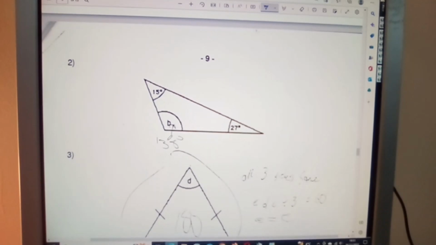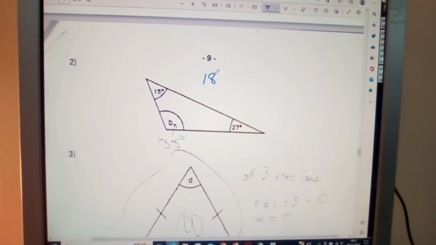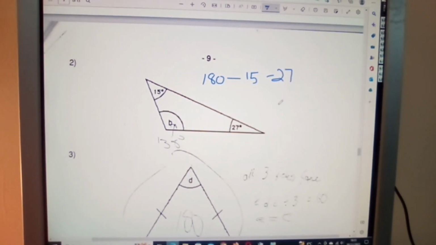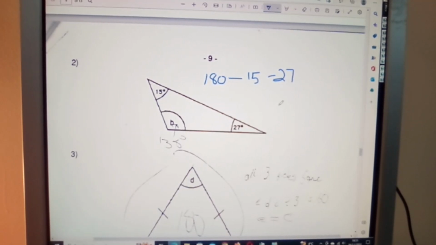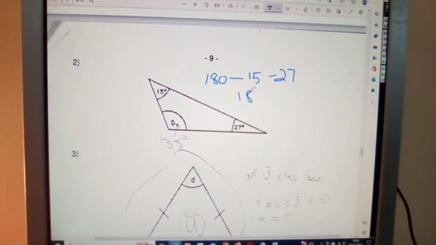In this case it'll be 180 minus 15 minus 27, which is 42, so 180 minus 42.